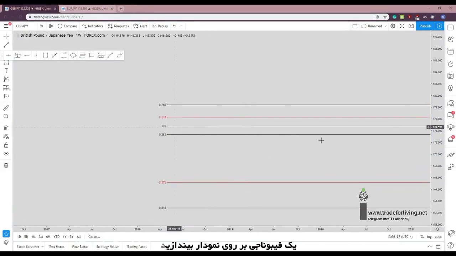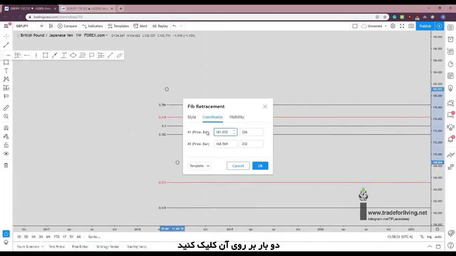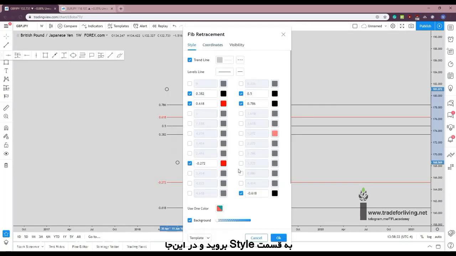You take your Fibonacci as it is, the standard in TradingView, you double click on it and you go on style. Now on style, these are the only Fibonacci levels that you need. The 0.382, the 0.618, the minus 0.272, the 0.5, 0.6786, and minus 0.618.